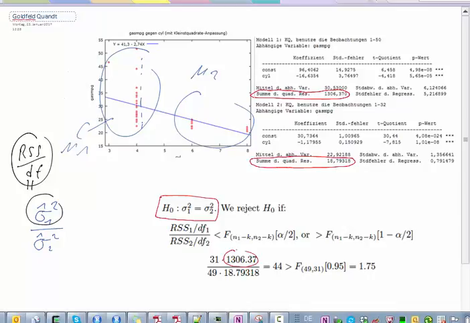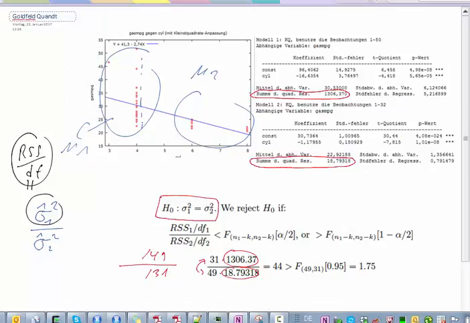RSS1 is hiding in here, the sum of the squared residuals. Yes, this happens to be in German, I apologize. But we've seen this output in English so often that I thought it would be possible to transfer that knowledge. So I have the 1306 up there, which is here again, RSS1 in the numerator and 18.79 in the denominator. All that is just plugging in.